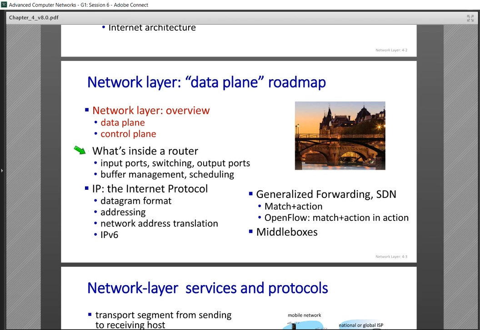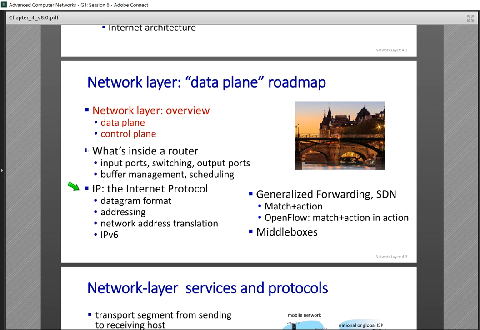Also, we look into the architecture of a router, its input ports, its switching, its output ports, how it manages its buffer, what is the scheduling in a router.